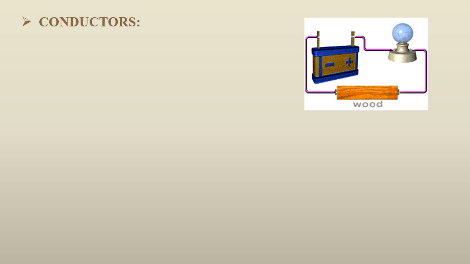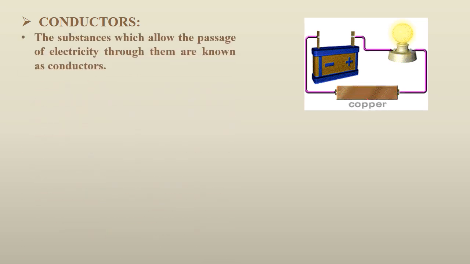Here steel and copper act as good conductors of electricity, whereas glass and wood act as insulators, which do not allow electricity to pass through them. Therefore, we can say the substances which allow the passage of electricity through them are known as conductors.